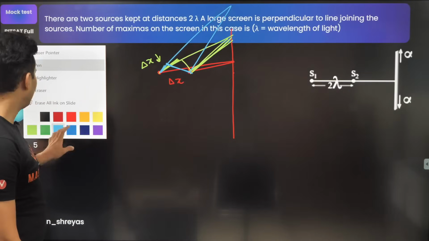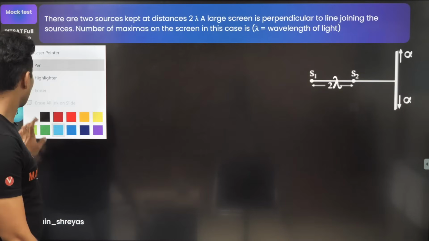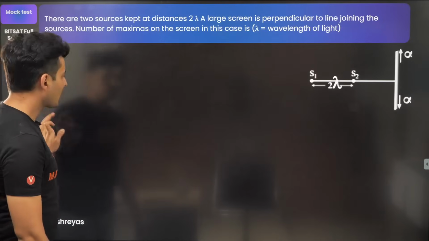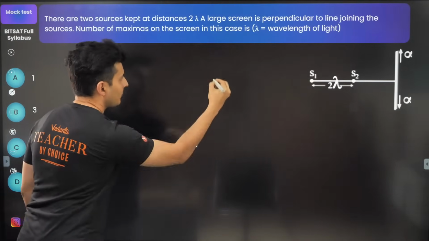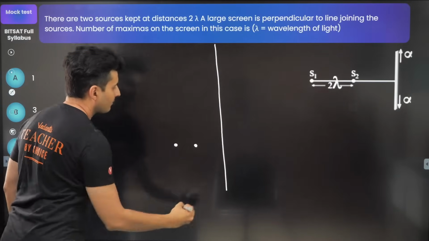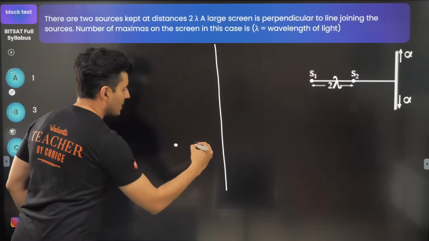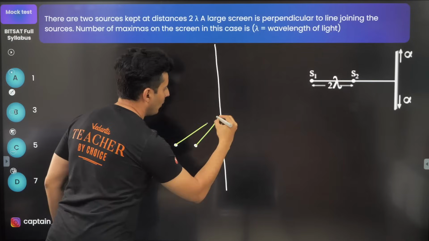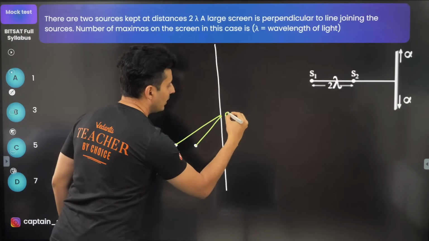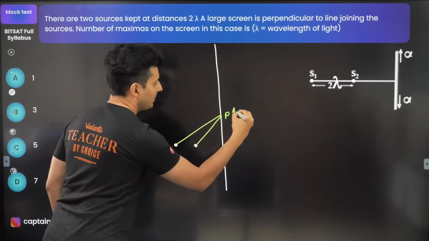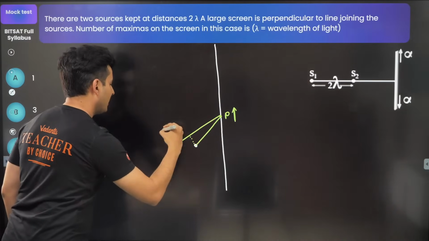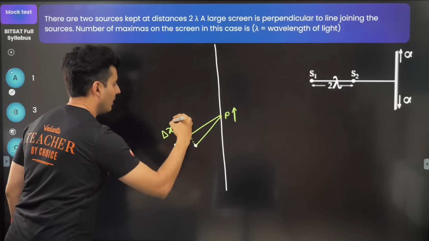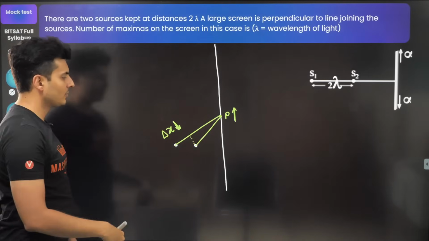So the idea over here is that whenever you take two sources and you have a line and you are at some random point P, as this point goes on top, as you go away, the path difference, the delta x, will also reduce.